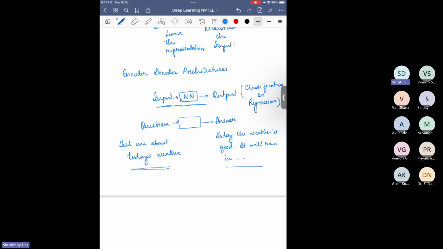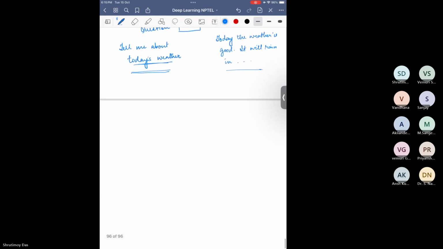So "tell me about today's weather." Your neural network should know that if it is asking me to talk about today's weather, I should generate text which is related to today's weather, right? So it should understand that you want information about today's weather.